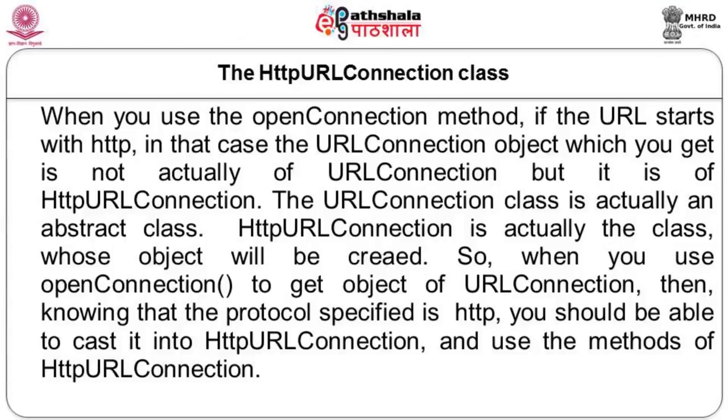HTTP URL connection is the object which would actually be created. So the actual instance which you will get is of HTTP URL connection. So when you say open connection to get an object of URL connection, knowing that we have mentioned HTTP in our protocol, you should be able to easily cast it into HTTP URL connection and use the methods from HTTP URL connection.